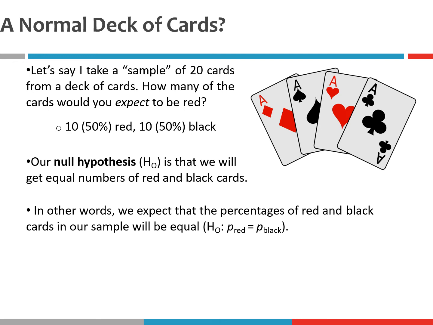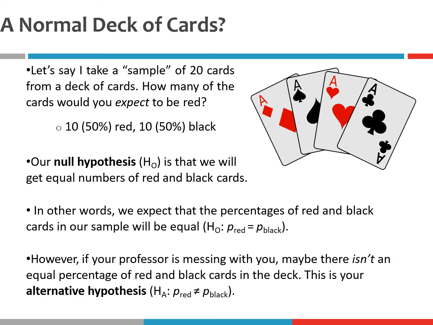So this is just how we would represent that in terms of notation, right? So we would expect the percentage of red cards to be equal to that of the percentage of black cards. Okay.